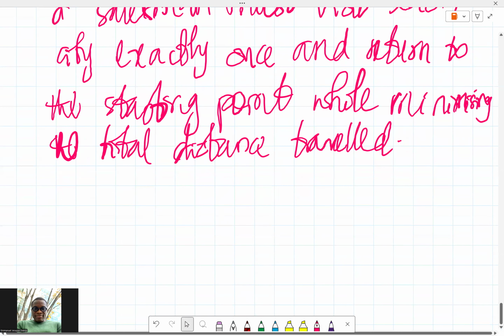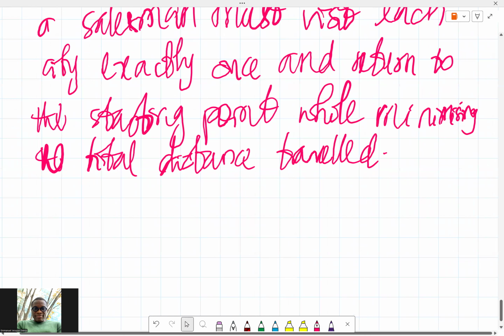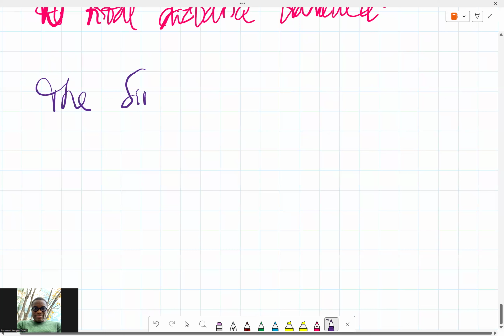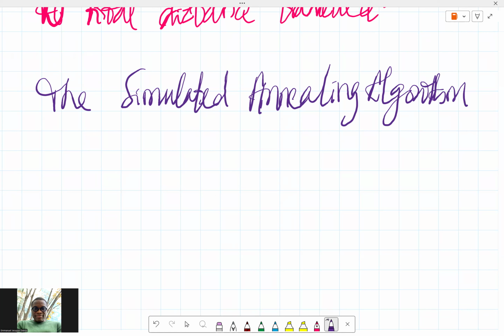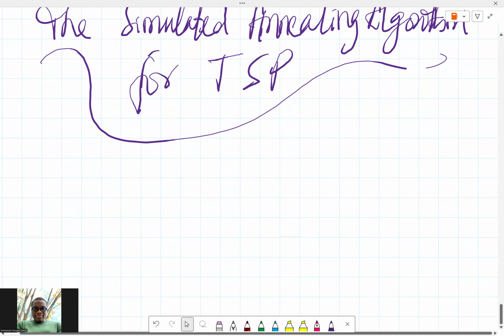So let's look at the simulated annealing algorithm for the traveling salesman problem. First thing is initialization, as usual.